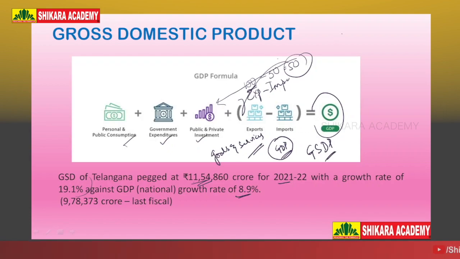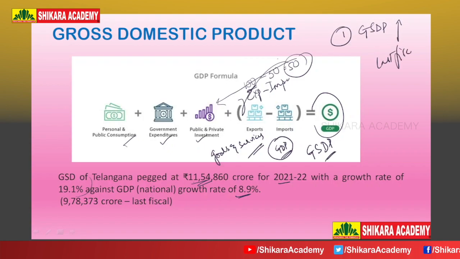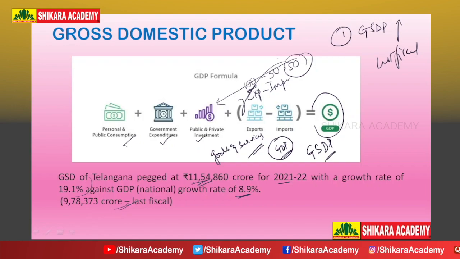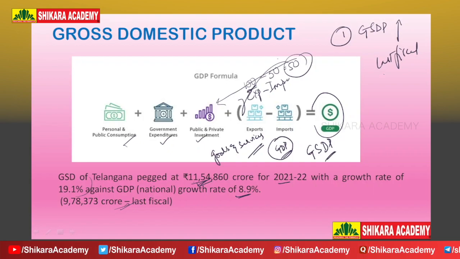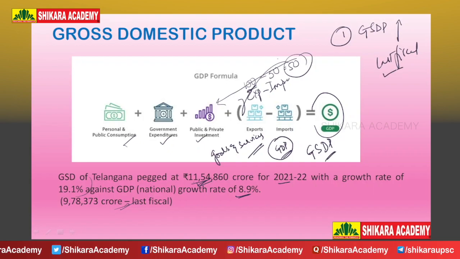So, the first important point here is that the GSDP of Telangana has improved from the last fiscal. In the previous year, it was 9 lakh crore rupees and this year it is 11 lakh crore rupees. So there is a clear improvement in gross state domestic product.